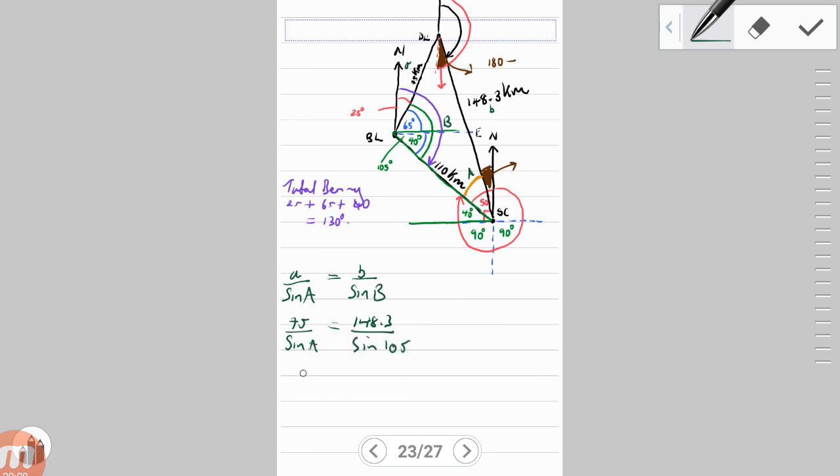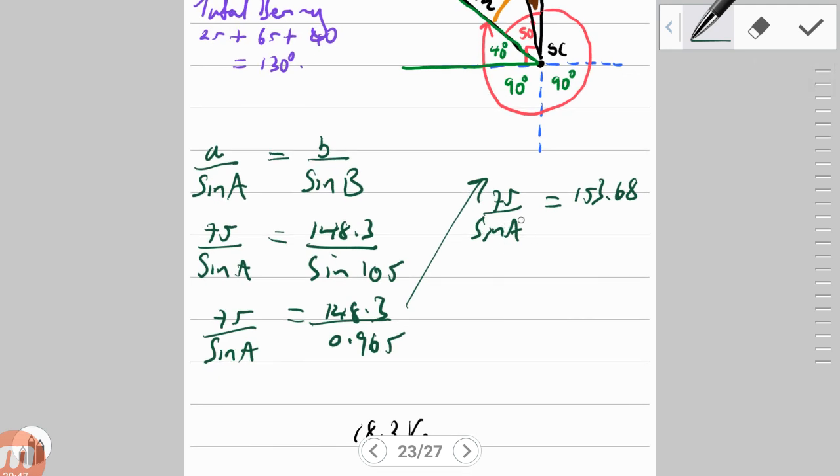So that's 75 divided by sine A, which we are in search of, equal to 148.3 divided by sine of 105, which is 0.965. Calculating 148.3 divided by 0.965, we find that 75 divided by sine A is equal to 153.68 rounded off.